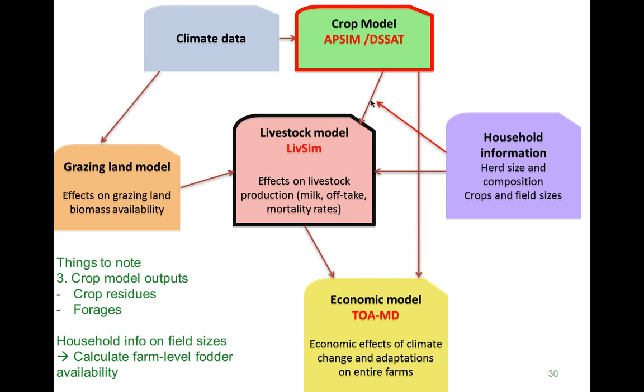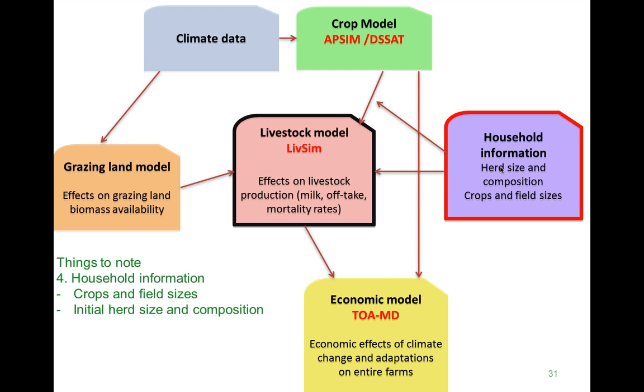To be able to use the yield data that comes from the crop model, we need to also have information on the field sizes of these different crops. And for that, we will need household information. That household information basically allows us to calculate on-farm fodder production based on yield data.